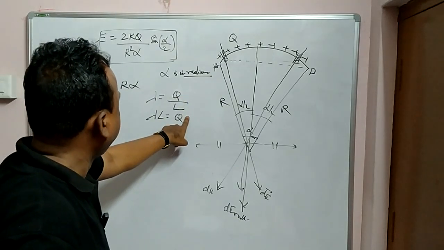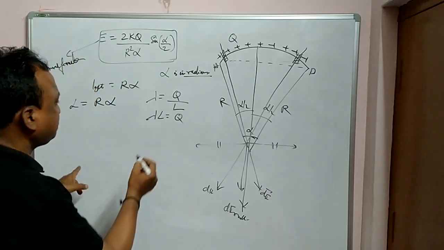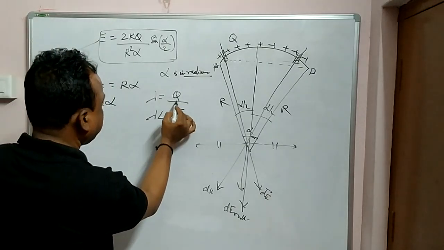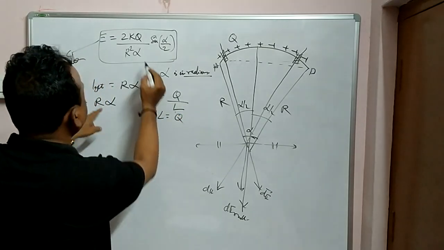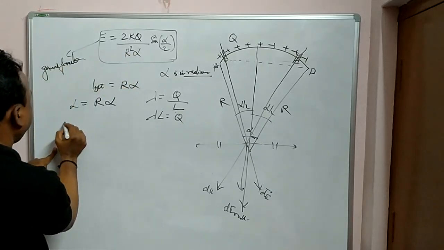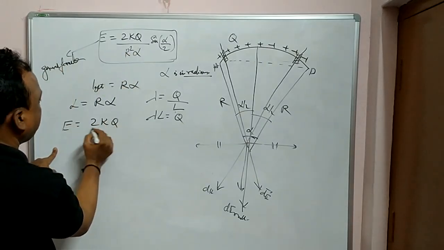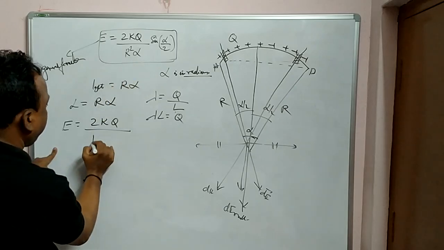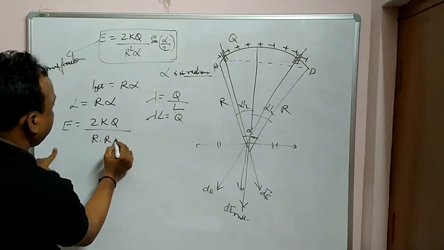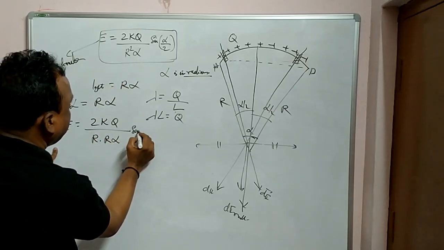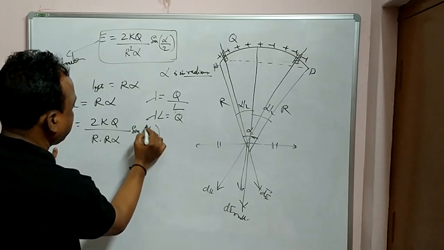So here you can change the equation. E is equal to 2kq by r square alpha, I can write it as r into r alpha into sin alpha by 2.